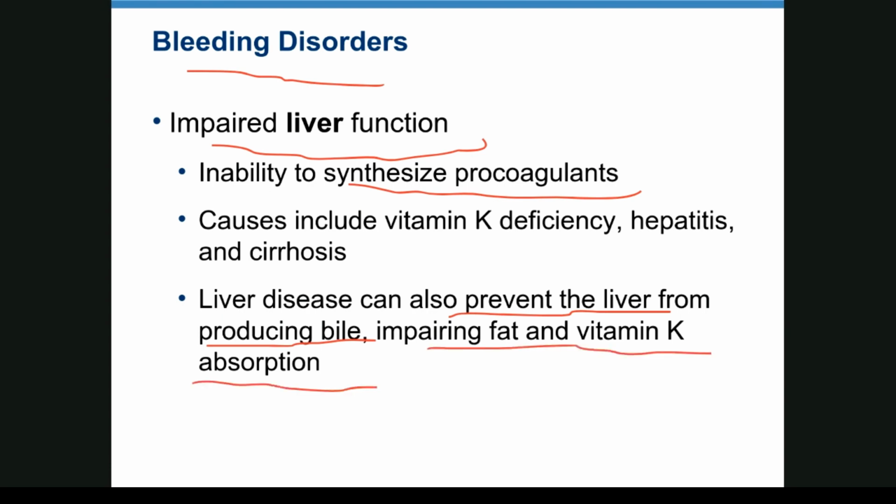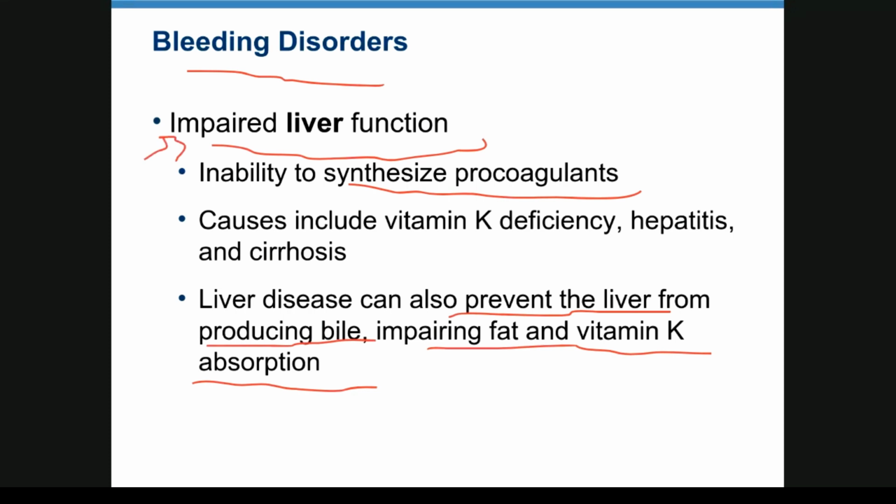So if you have vitamin K deficiency, you're going to bleed. And let's see, hepatitis and cirrhosis. And the latest cause of liver failure, besides alcohol-induced liver failure, is fatty liver syndrome.